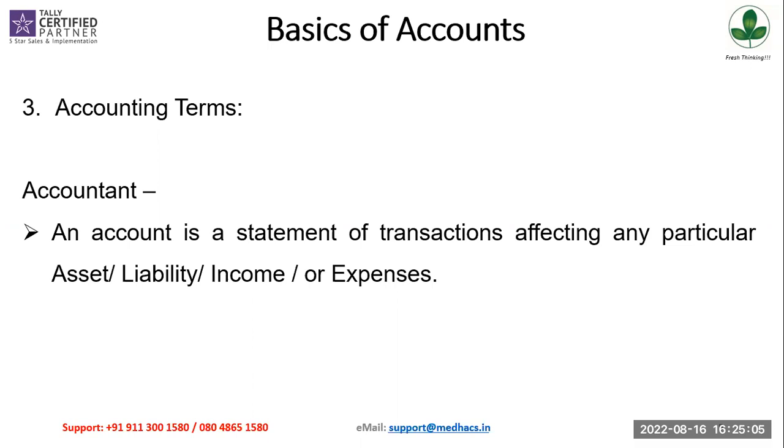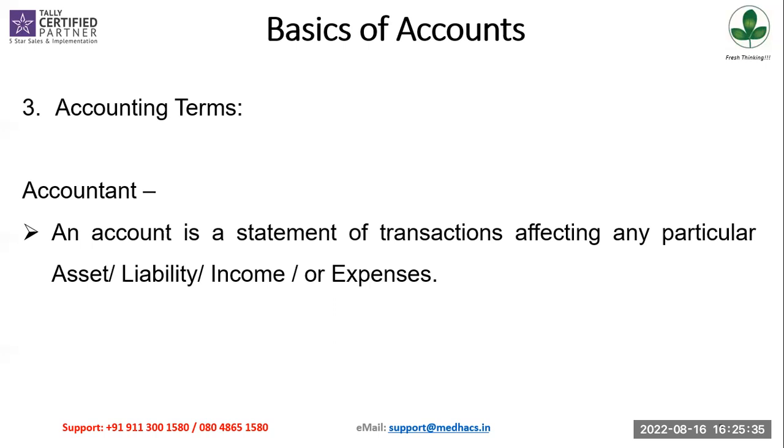Similarly, liability. Liability is basically what I owe to different people, where the liability rises over a period of time. It might be a capital item, a capital account where the investors, the owners, have invested their money.